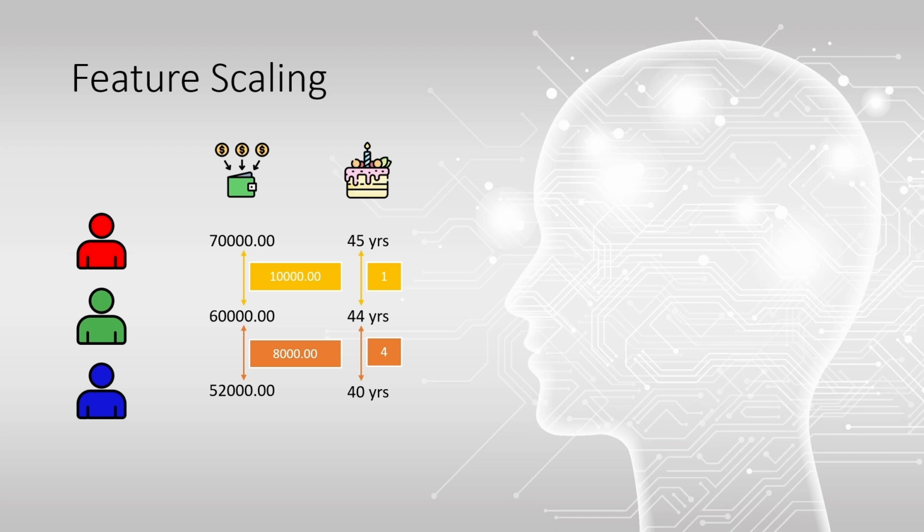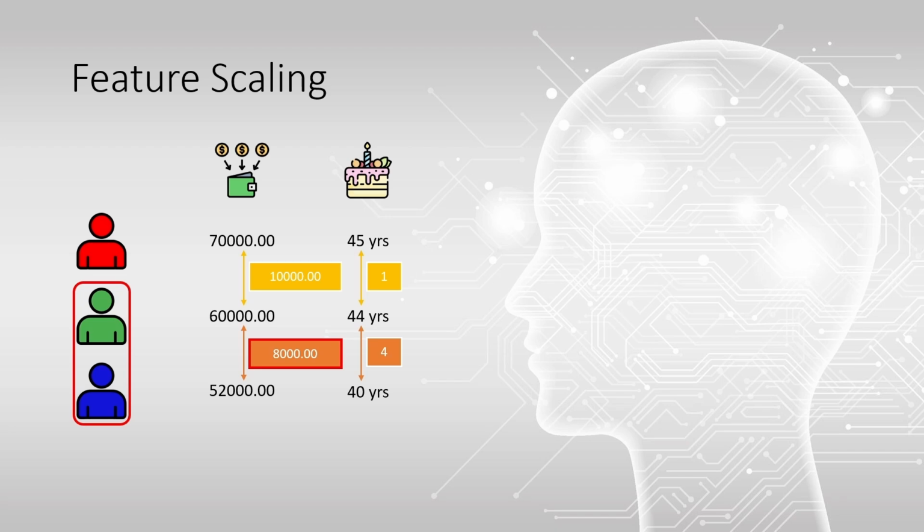We are going to focus on these large magnitude numbers, 10,000 and 8,000, and out of them we will say that the green person is clearly closer to the blue person because that value is 8,000. It is 2,000 less than the value of the difference between the green and the red person. And as a result, we would group the green person with the blue person.